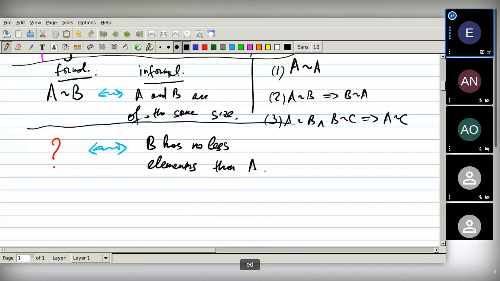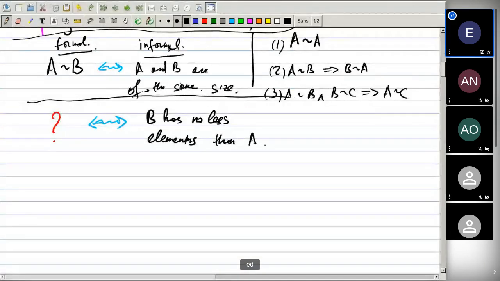B has no less elements, greater or equal. Do you have any proposals? Anybody? Please do not hesitate.